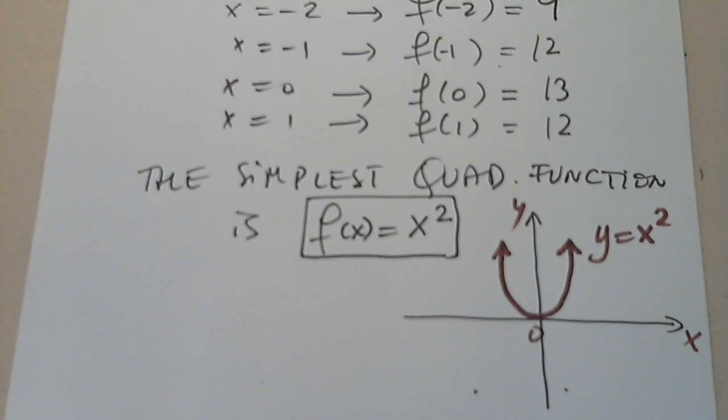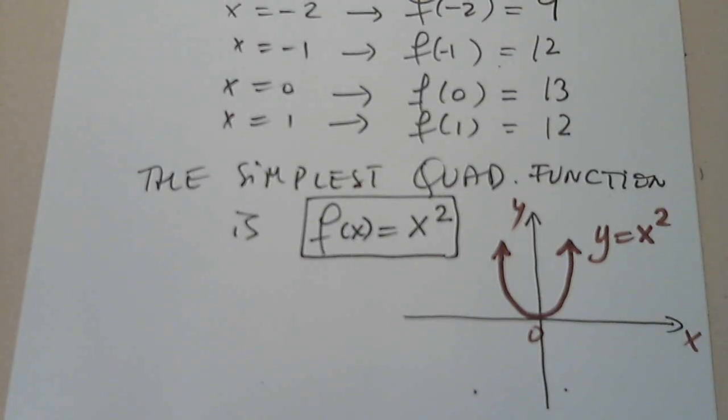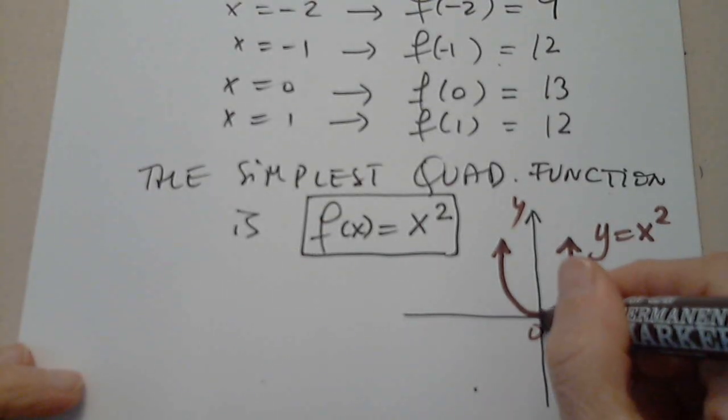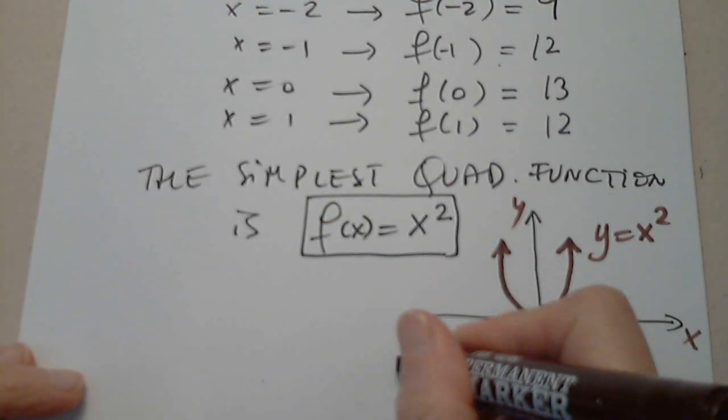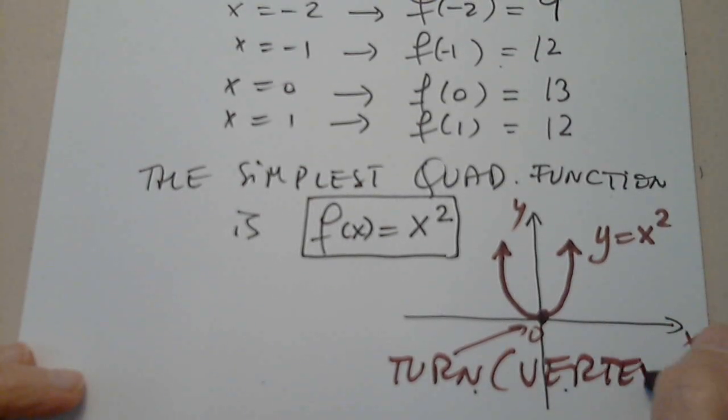It's symmetric on left and right with respect to the y-axis. And it has a vertex or a turn at (0, 0). Turn, also called vertex.